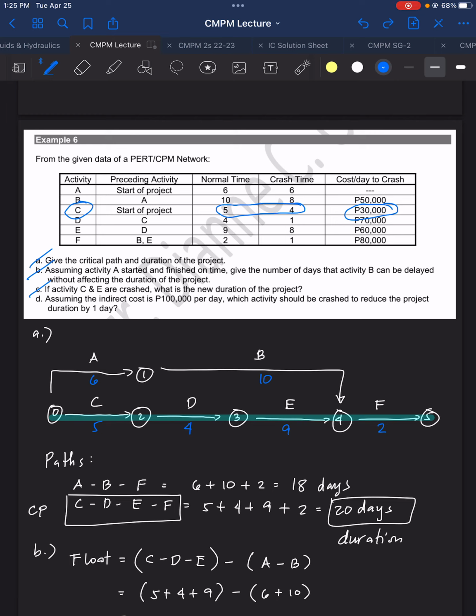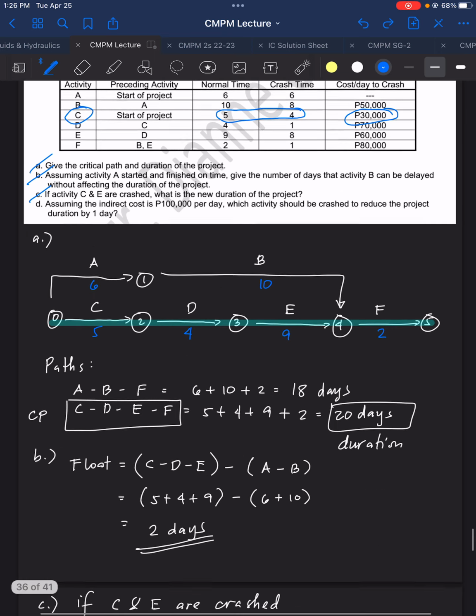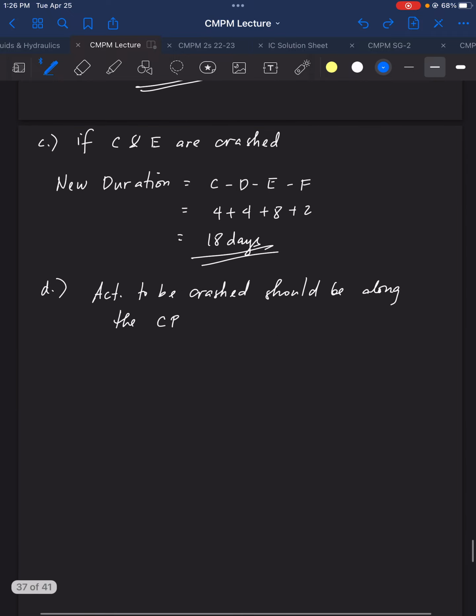This one is also expensive. For 1 day, you are paying 60,000. So, it should be activity C.